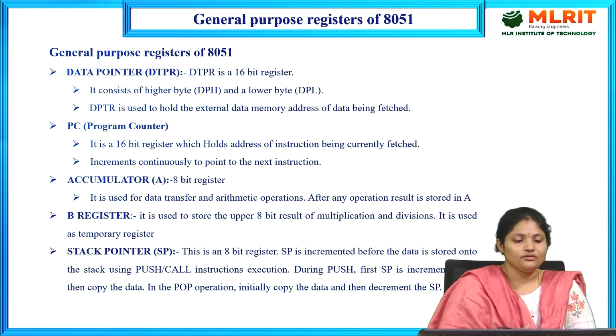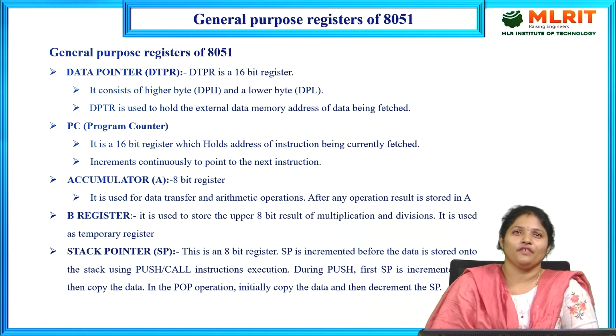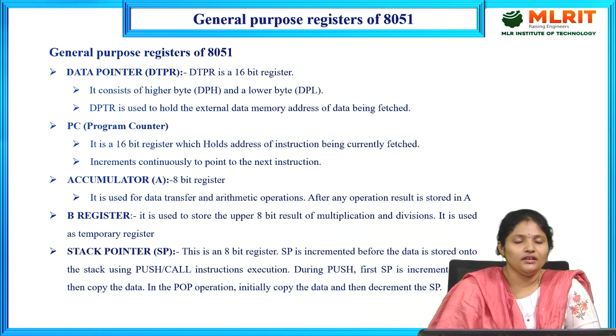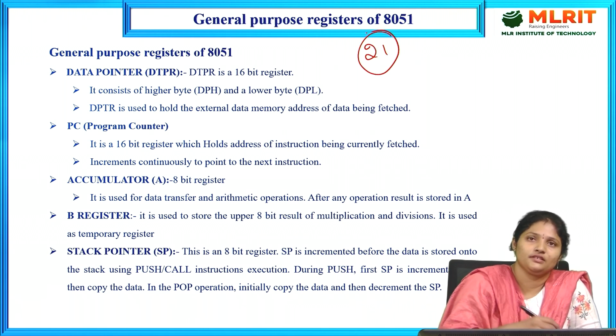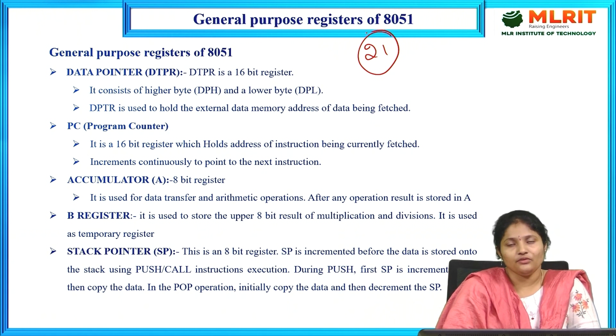Coming to the general purpose registers of 8051. The total number of registers present in 8051 is 21, including special function registers, general purpose registers, program status word, everything. There are 21 registers in 8051.